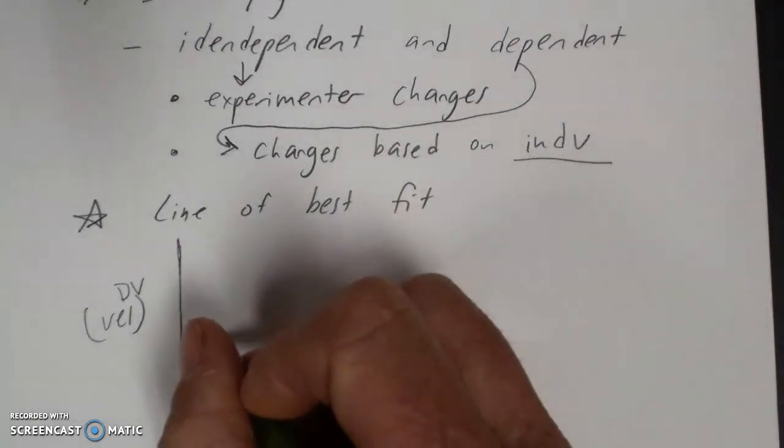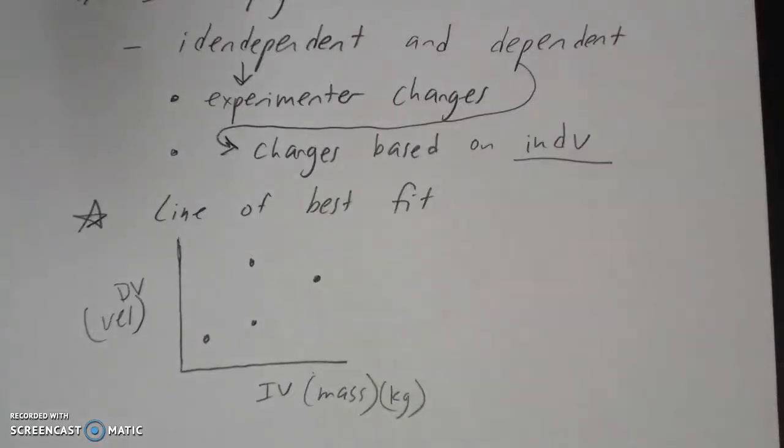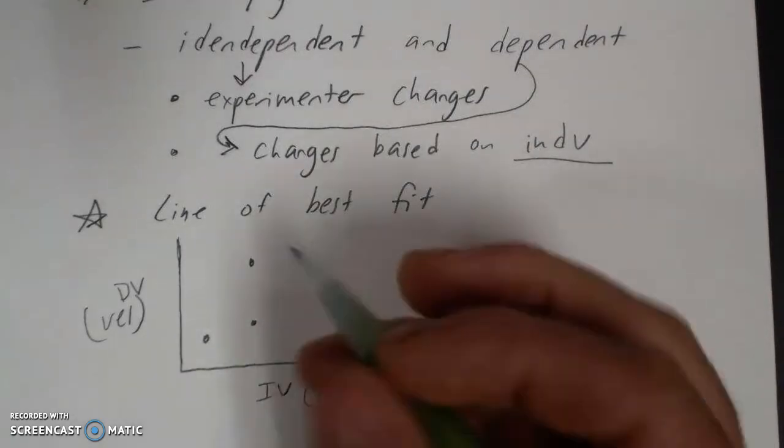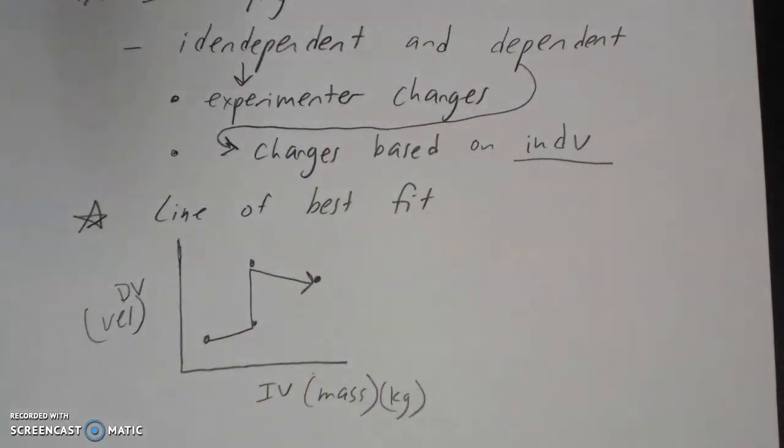But then I have some data points. So back to this idea of line of best fit. I'm rolling a car down a ramp, and I'm changing the weight of the car, and I see how fast it goes. And it wouldn't make a lot of sense to connect these dots like that.